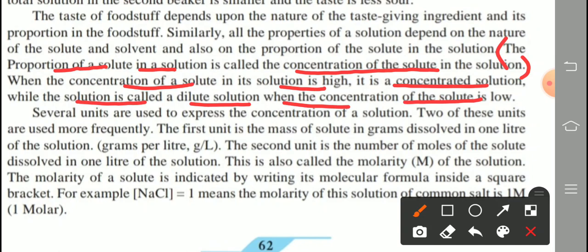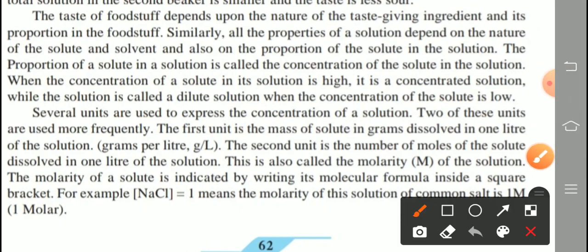More concentration of the solution means what? That is, more quantity of solute in that solution; that is called a concentrated one. So underline these two sentences also. Now several units are used to express the concentration of a solute. Two of these units are used more frequently. Which is the first one?